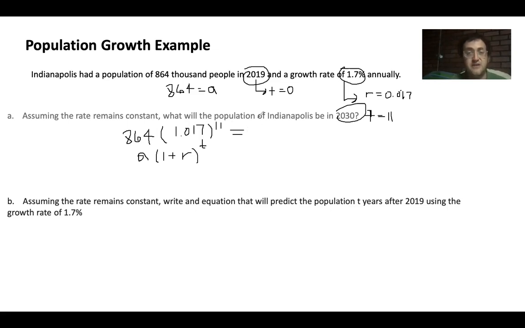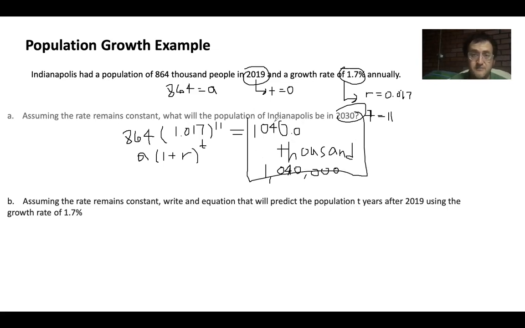So we're at 1,040.0 thousand, which is really the equivalent of like in the million. So it's like 1,040,000. But I like putting the smaller, truncated numbers in there.